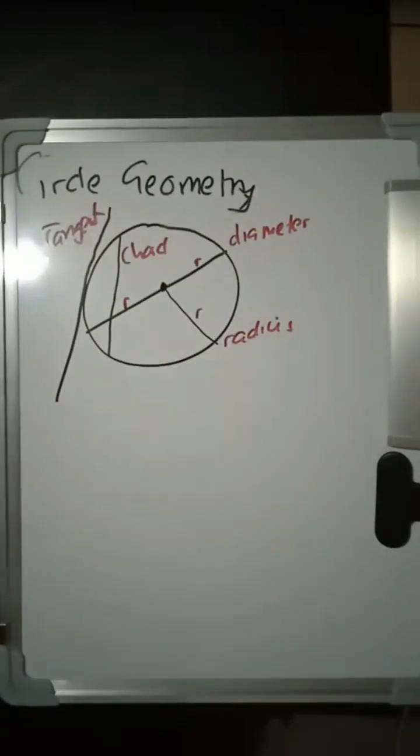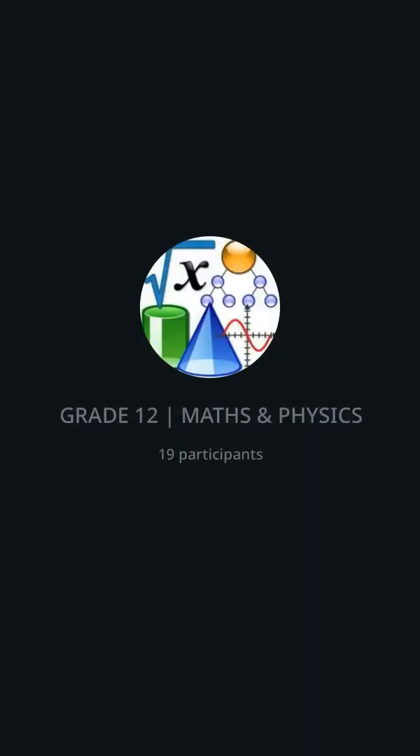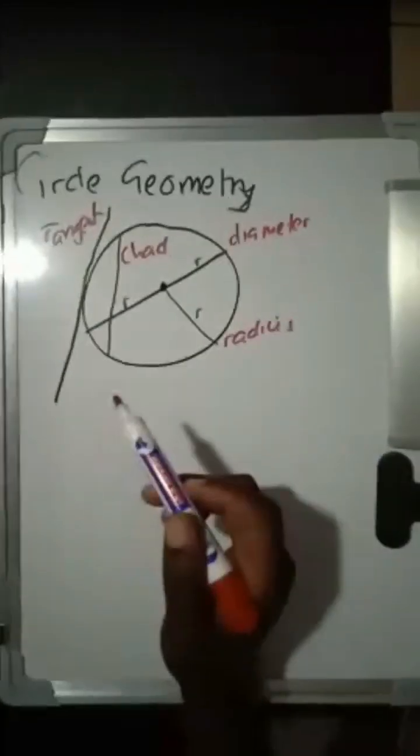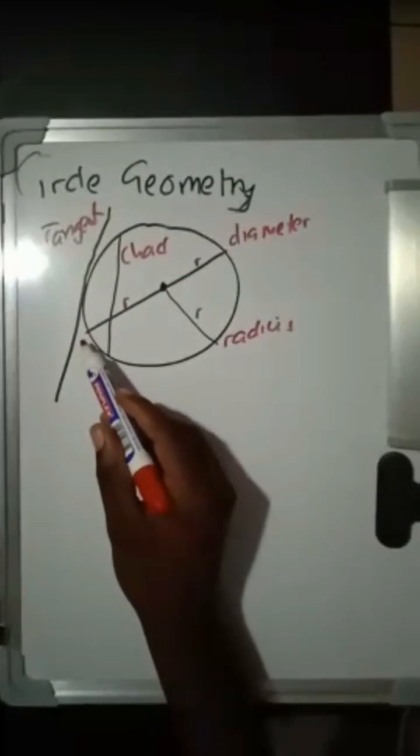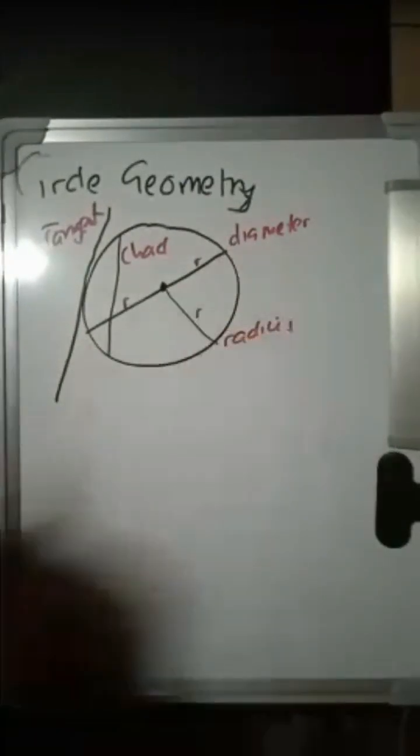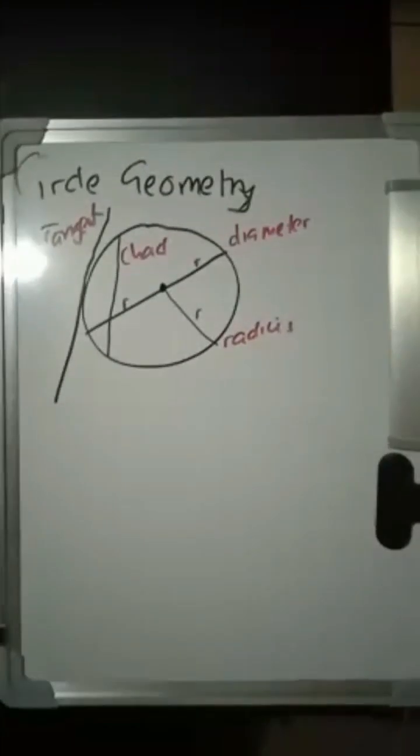A radius is very important. It is a line that runs from the center to the circumference. Then a diameter is a chord. It is a special type of chord that runs from one side of the circumference to the other side, passing through the center. Okay, that is a circle.